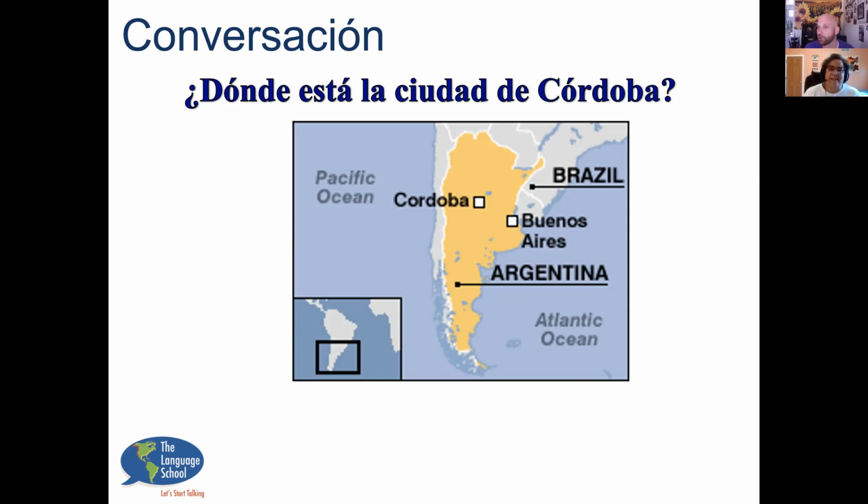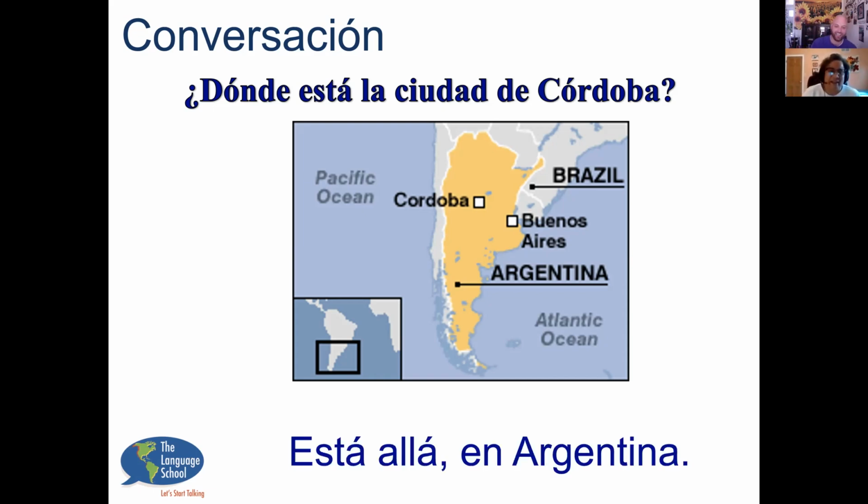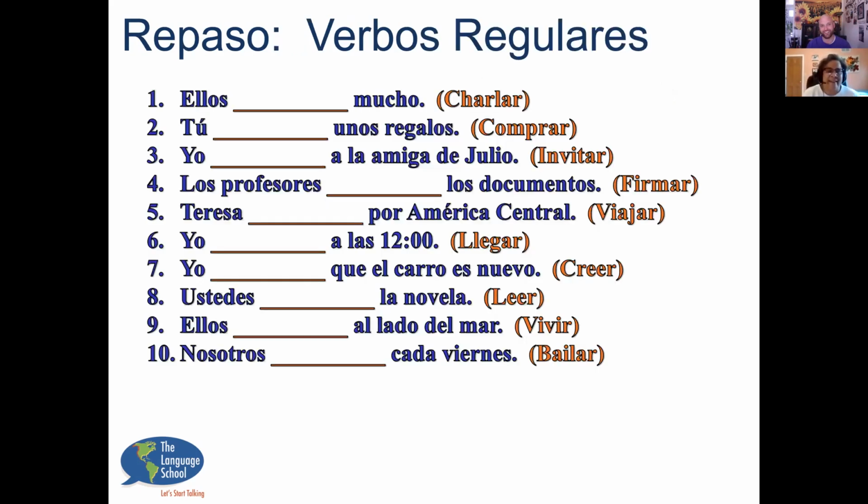You're not in the city of Córdoba, so you're okay. I'm trying to decide whether it's here or there, depending on where I really am. Okay, right, in Argentina. Está en Argentina. There's only so many ways to practice those. Okay, muy bien.